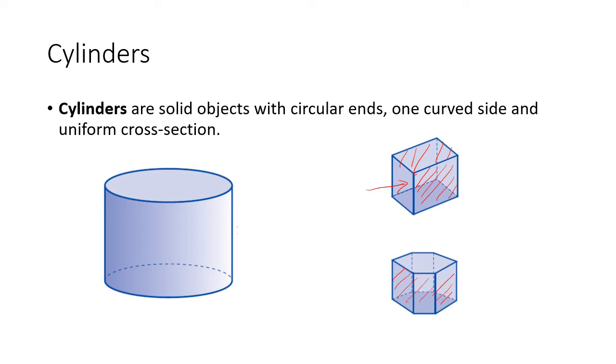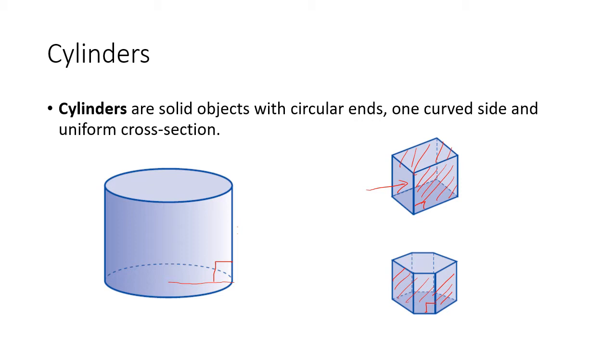But what they do have in common is that they've got that right angle at the corner of the prism. So you can see we've got a right angle on our rectangular prism there. We've got the right angle that forms on our hexagonal prism, and we also have a right angle between, if you think about the radius of our circular end, that will always form a right angle with the side. So there's a similarity there.